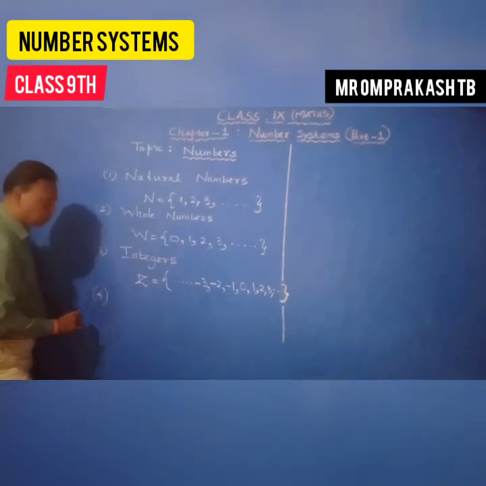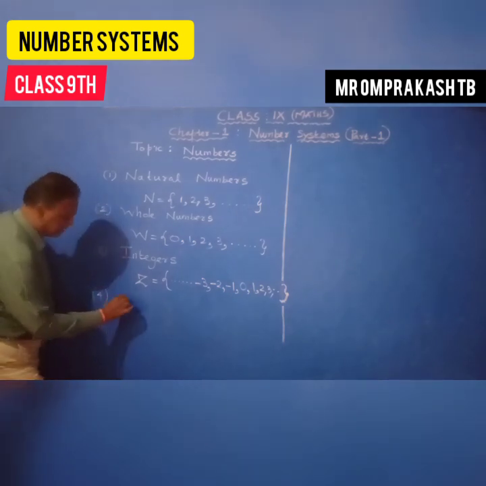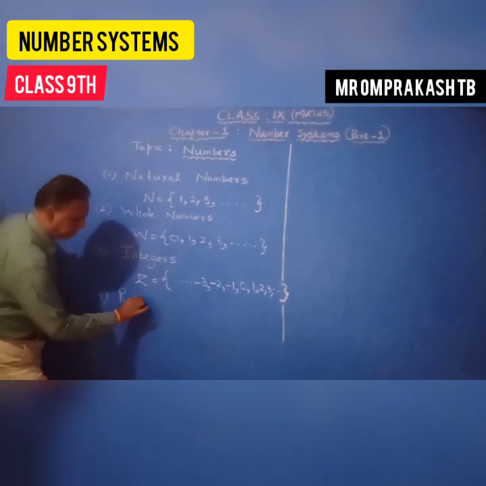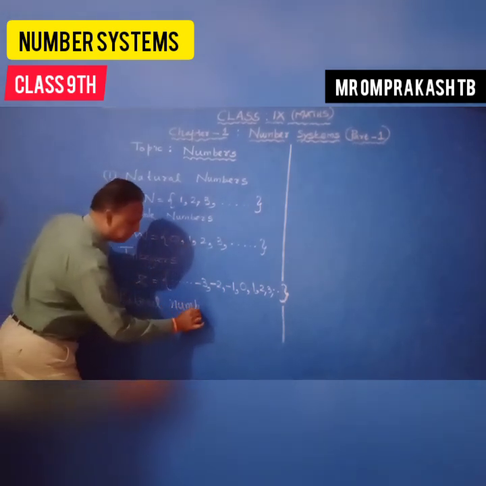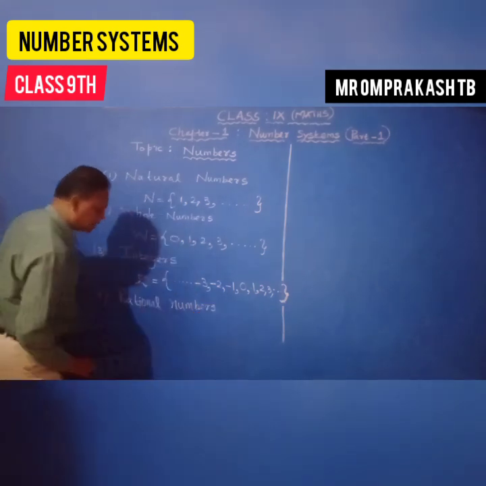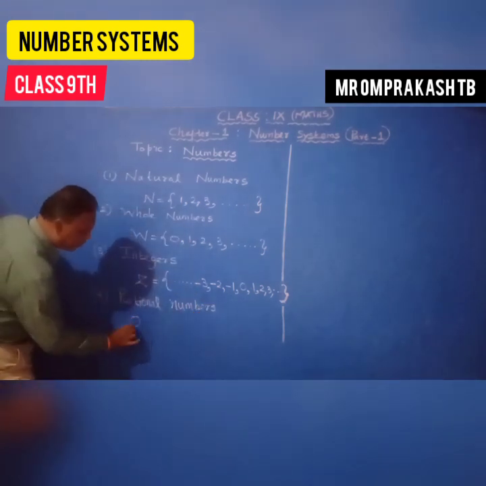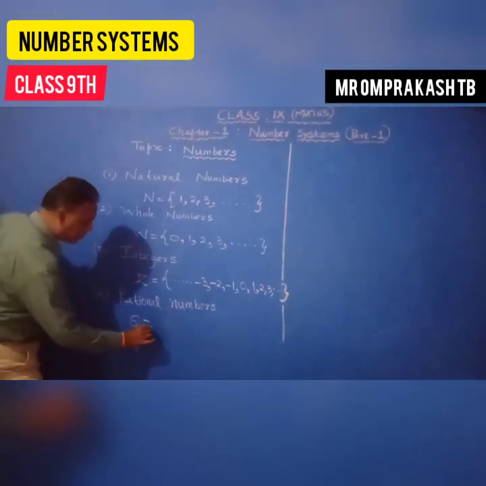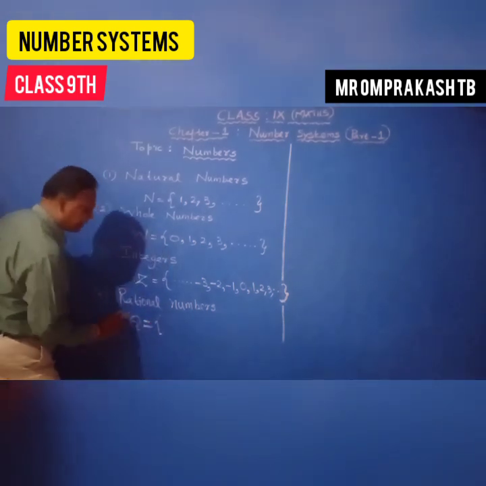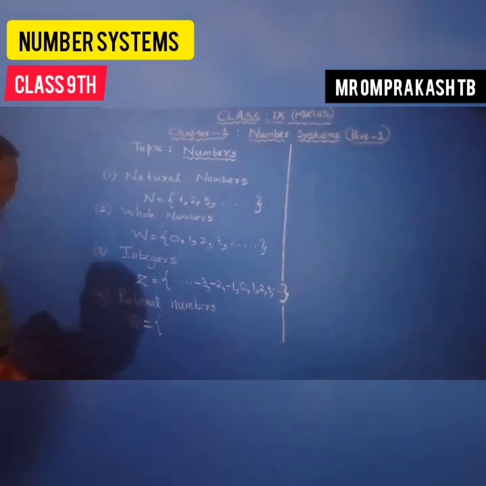Now one more number you already studied, rational numbers. It is denoted by capital Q. A rational number means all fractions are rational numbers.